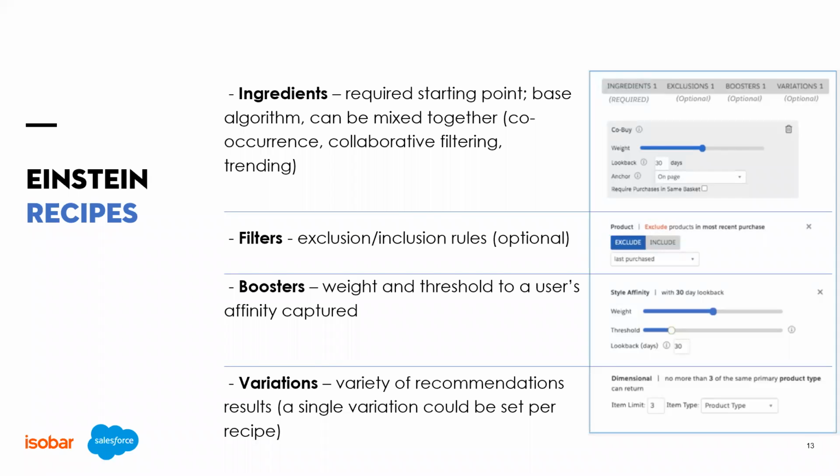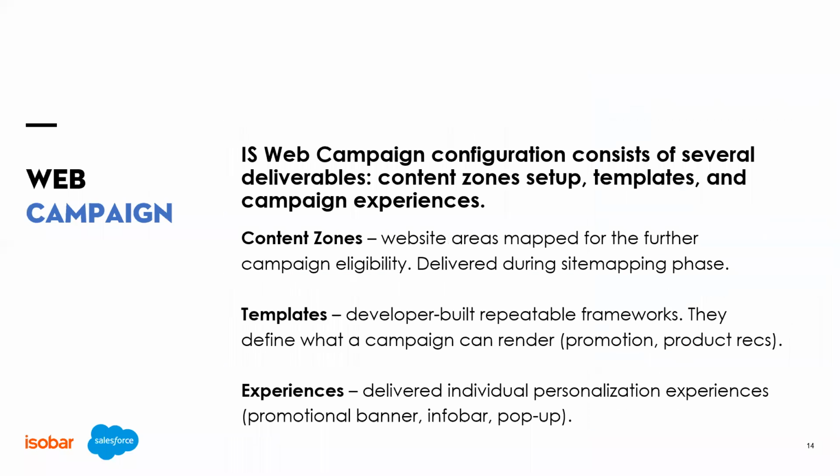So yeah, we are already half of the session passed, but for now we will focus on different channel campaign setup, because I would say it's the core of Interaction Studio. As in the first part, I covered what kind of campaigns you can set up.